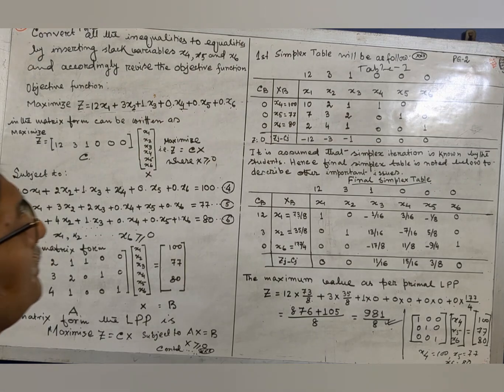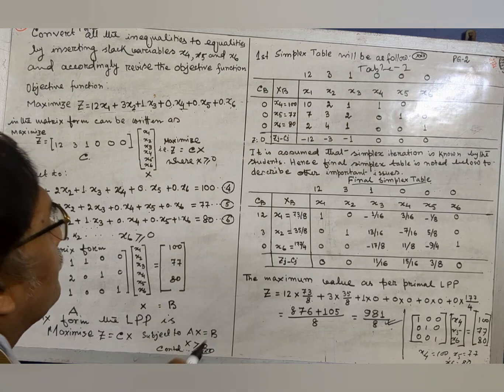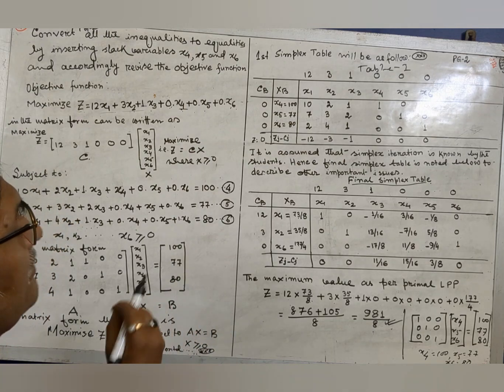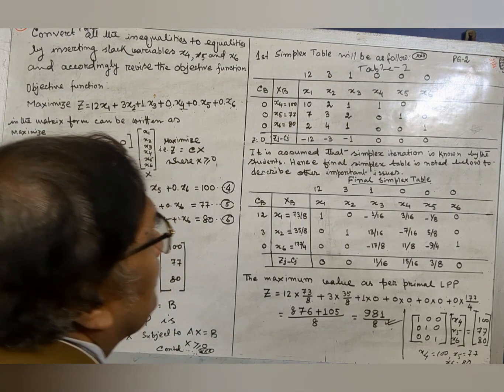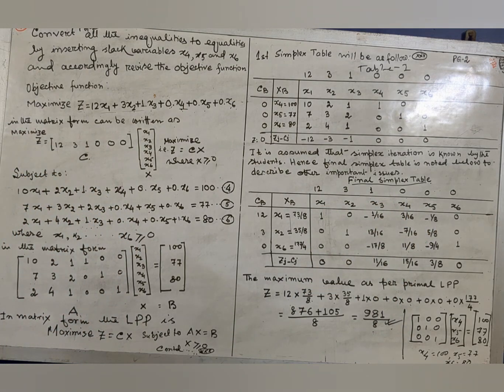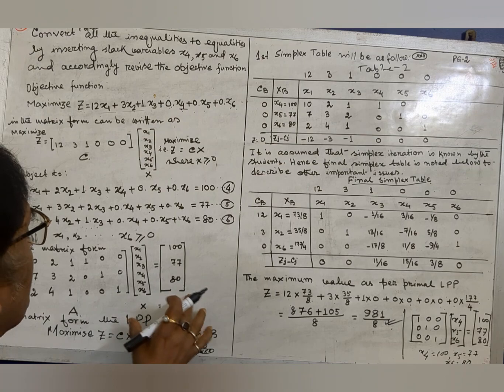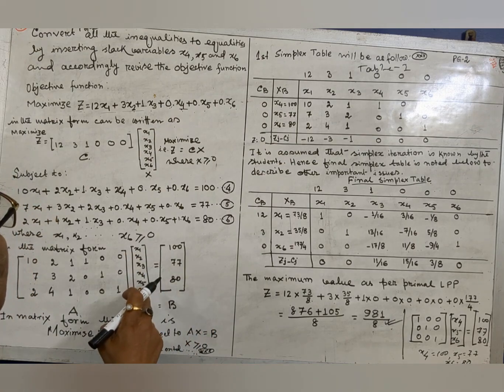that the solution of the dual problem, which we have already formed in my previous slide, is available in the final table of the simplex. How? If the primal problem is in the standard form, and in this case this is the standard form.